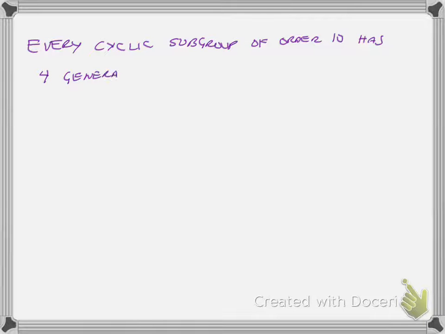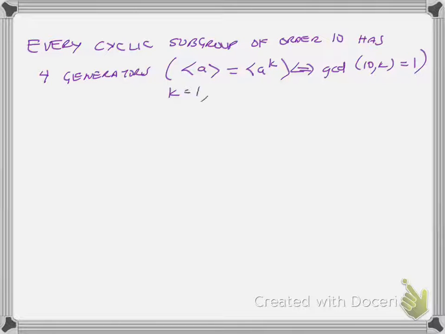And you can go back to look at the property where the cyclic subgroup of A is equal to the cyclic subgroup of A to the K if and only if the GCD of 10 and K is 1. And so that means K would be 1, 3, 7, and 9.